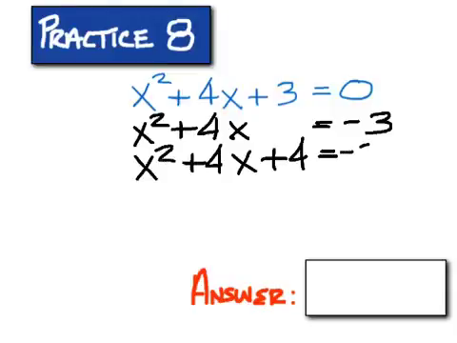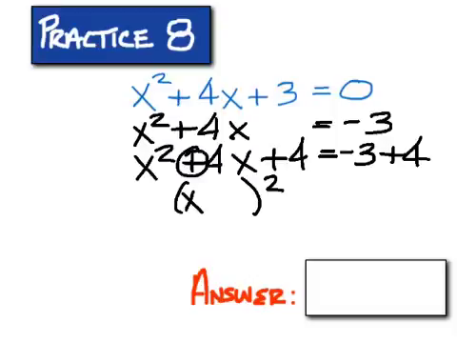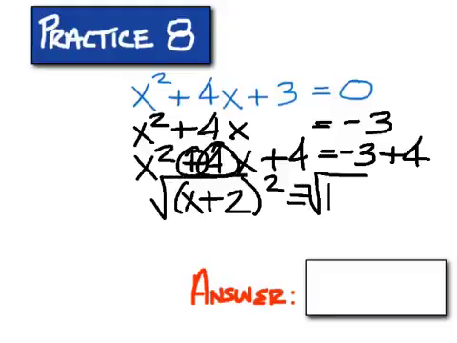Square that to get 4 and add it to both sides. You need the quantity squared of x, the middle sign, half of the middle term, and set that equal to 1. The square root of both sides will give you x plus 2 equals plus or minus 1.